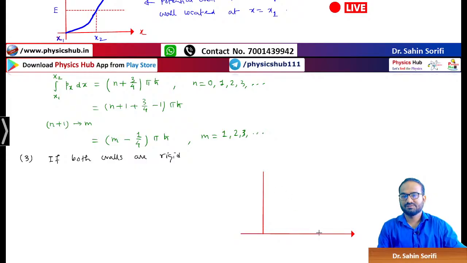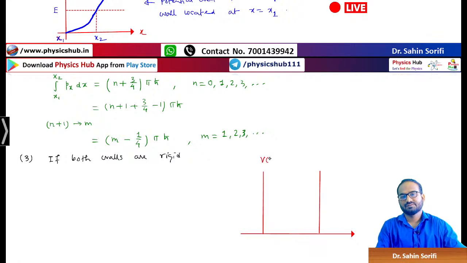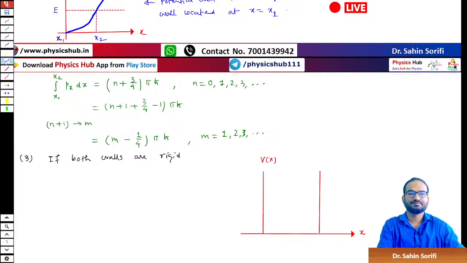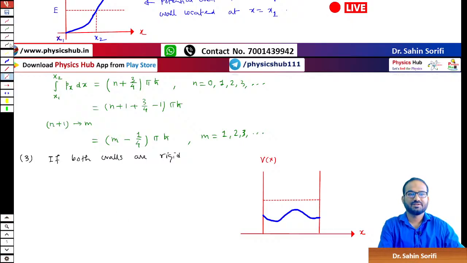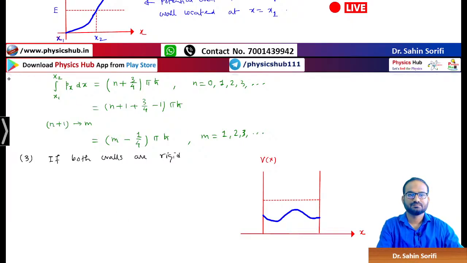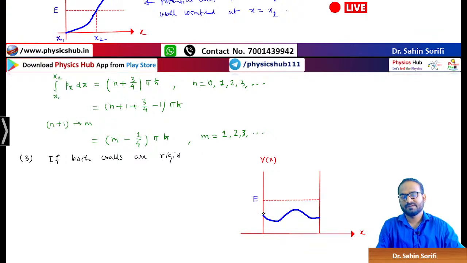This is one of the rigid walls, another rigid wall, and we are plotting, let's say, V of x versus x. And the potential, let's say, varying like this. This is the value of energy, energy E, this is x1 and this is x2.